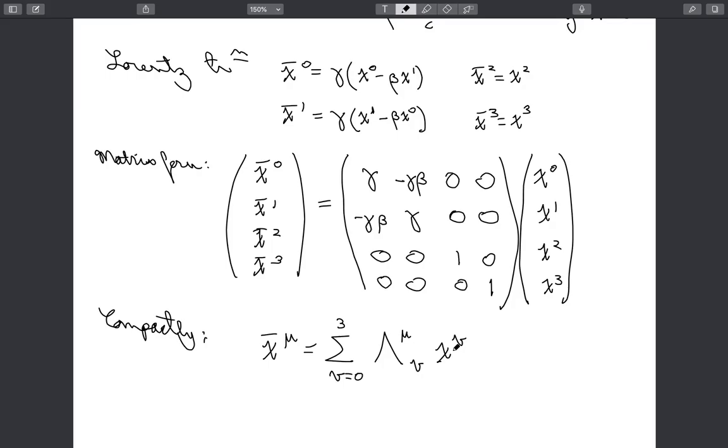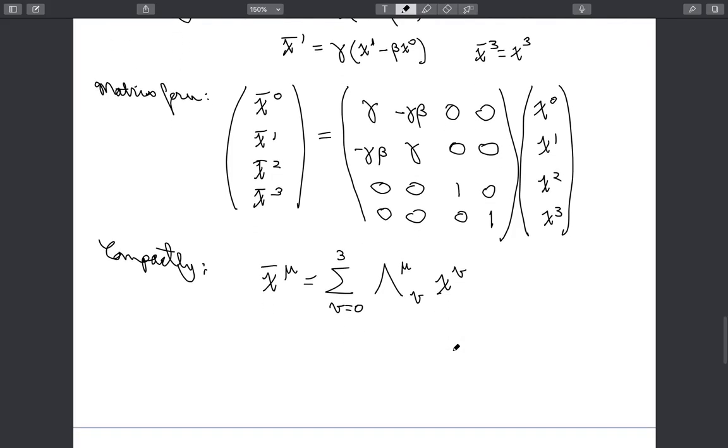Okay? And just as a further simplification, there's a summation convention that was introduced by Einstein that says that each time you meet a repeated index, which is up and down, then you sum it over. Okay, so by definition, this would be written like this. Where on the right-hand side here, the summation over the nu index is implicit.